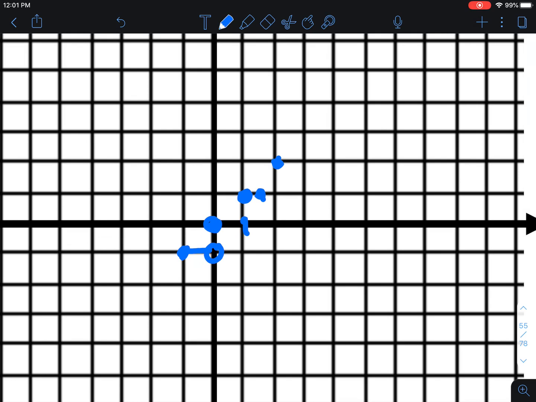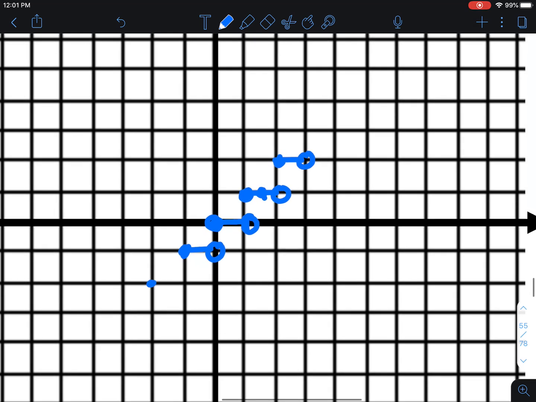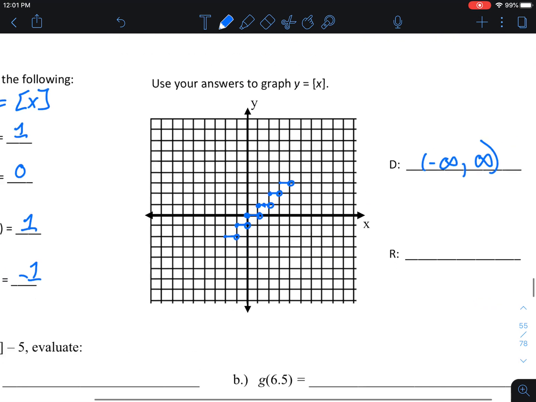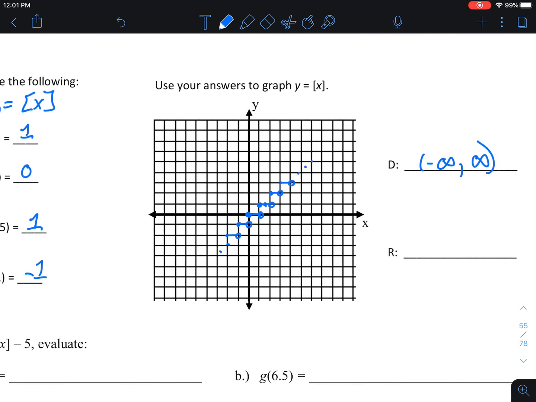So the way that we're going to draw this is like this. And it continues on in each direction. So over here, and it goes on in each direction.